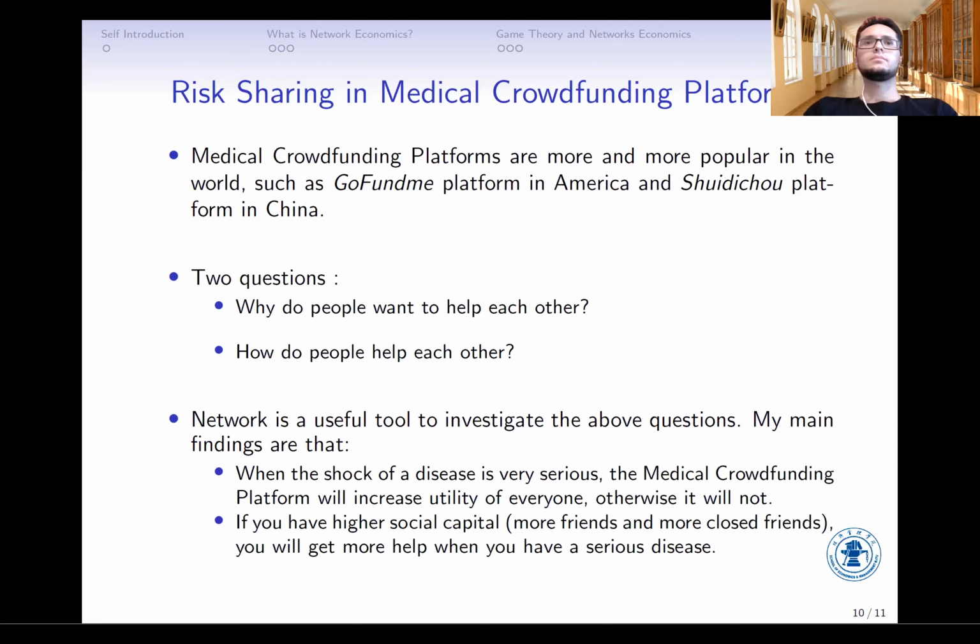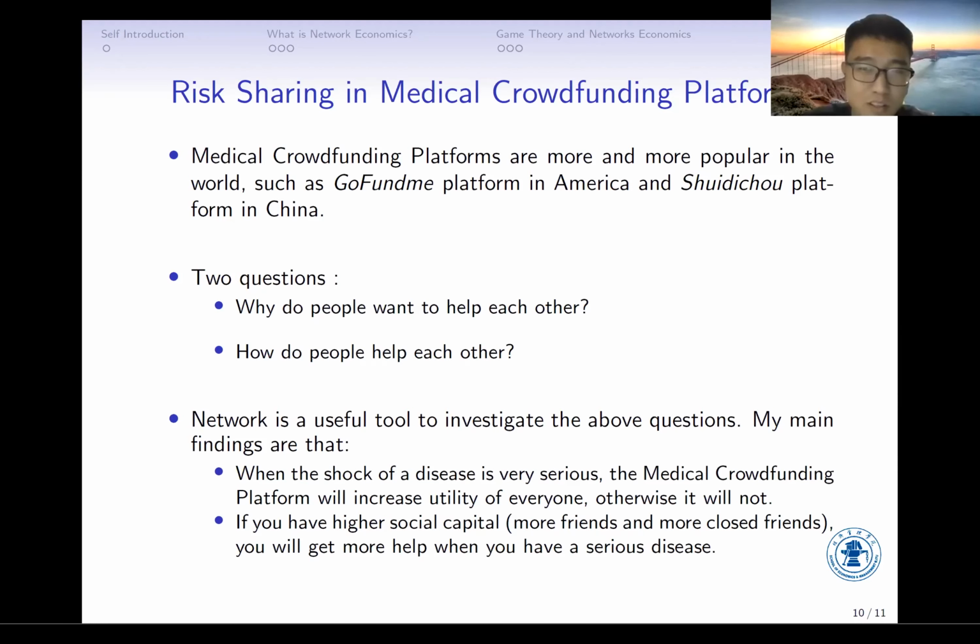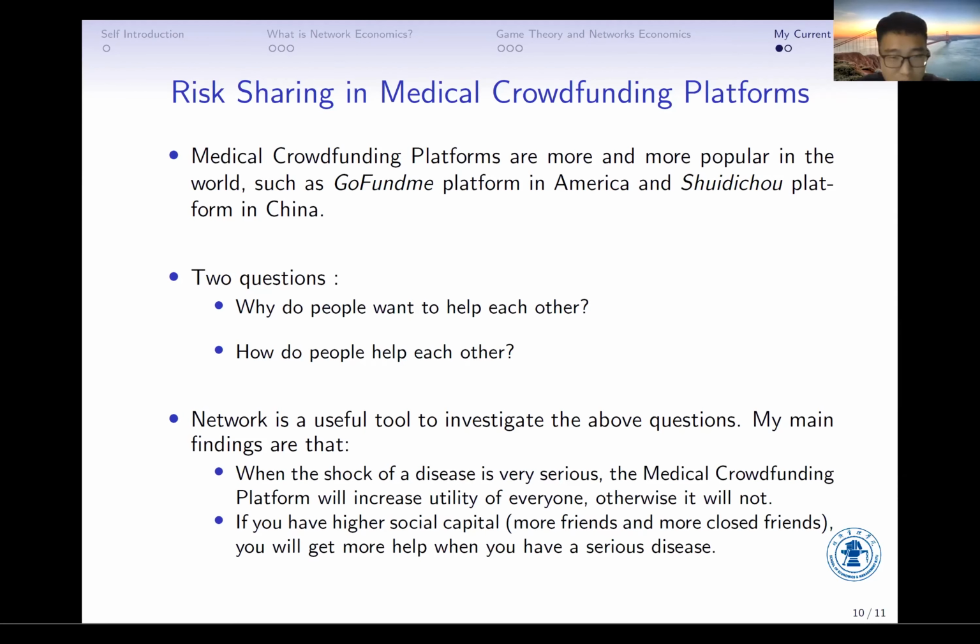We can easily know that the medical crowdfunding platform is different from other kinds of crowdfunding platforms, because other kinds are two-sided markets, but the medical crowdfunding platform is more like a social network. So the network is a very useful tool to solve this problem.